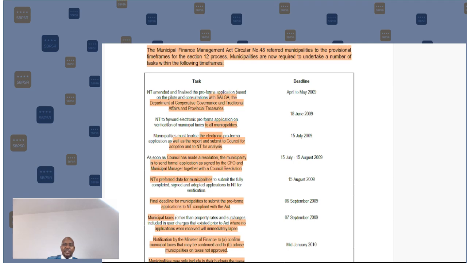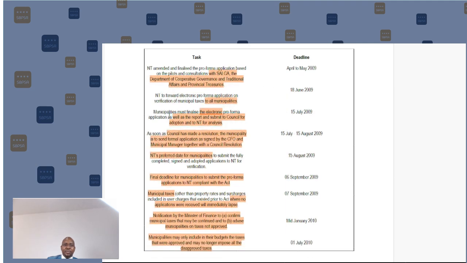The verification will deal with it in Annexure 2 and Circular 2. All right. Then municipalities must finalize the electronic process. So on 18 July, National Treasury forwards. Then the municipality must finalize the electronic pro forma application as well as the report and submit to the council for adoption and to the National Treasury for analysis.